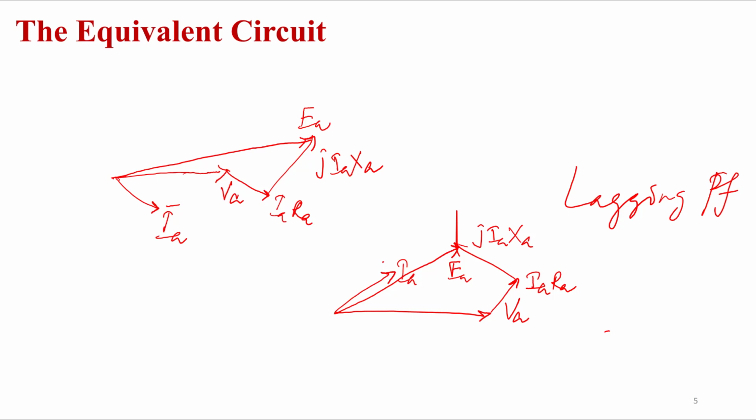Therefore, it is in contrast to the DC generator. In DC generator, your EA was always greater than V, the terminal voltage. But here, the terminal voltage may become greater than the generated voltage for the leading power factor. Okay?